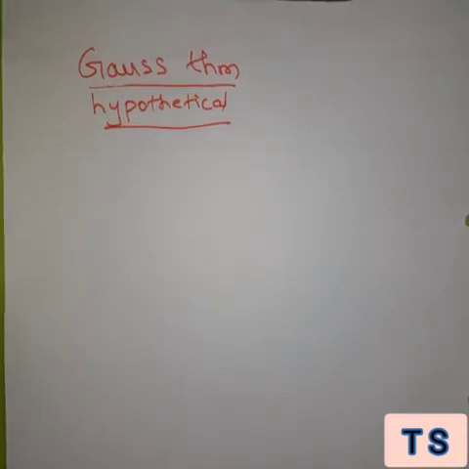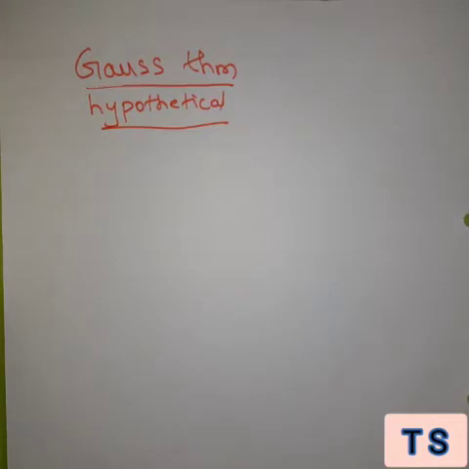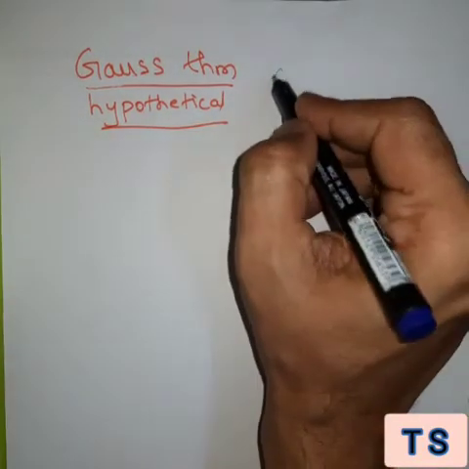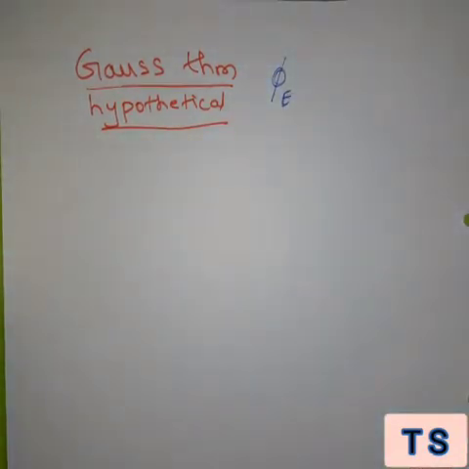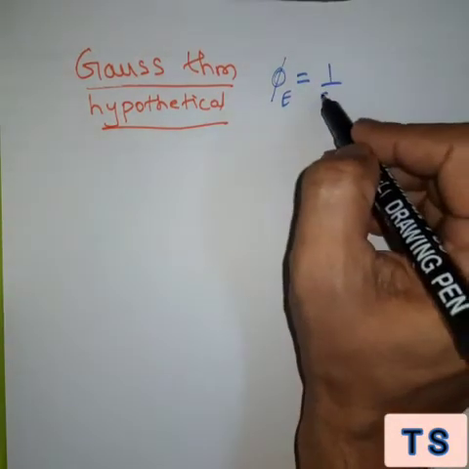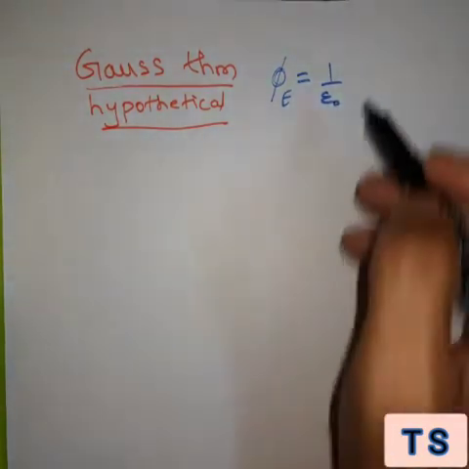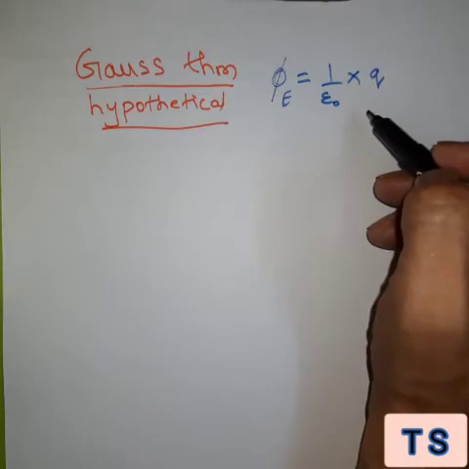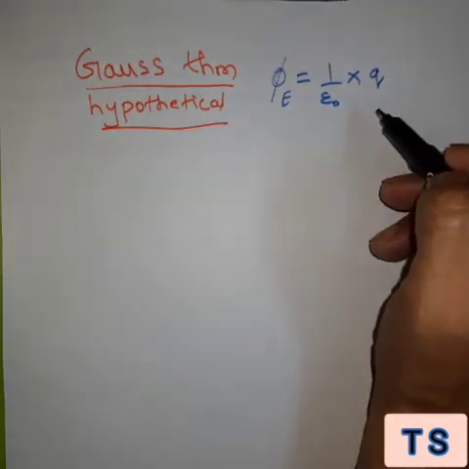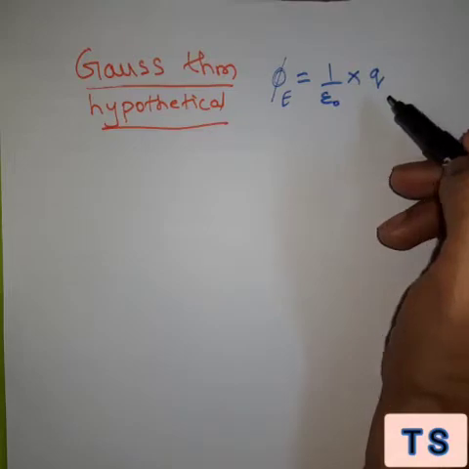So what this statement says is the electric flux, that is phi E, through any closed surface, very important word, closed surface, is equal to 1 by epsilon naught times the net charge, let's say Q, the net charge Q enclosed by the surface.